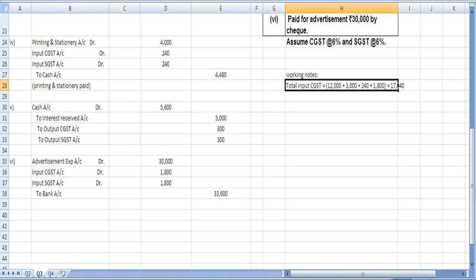Okay, so let us change here. We'll put the rupee font.